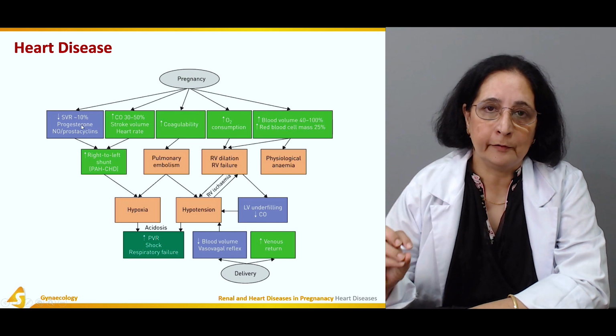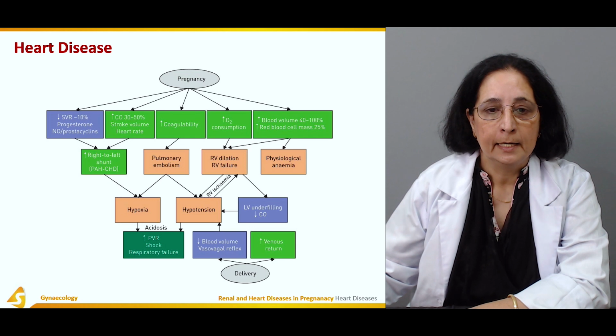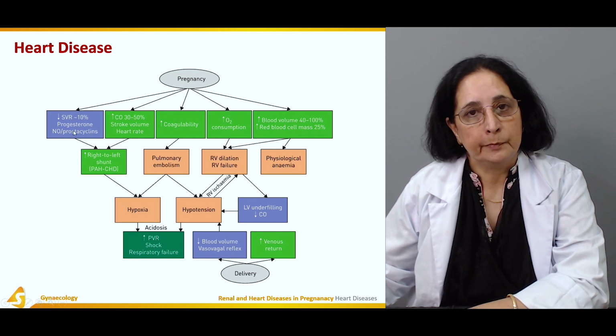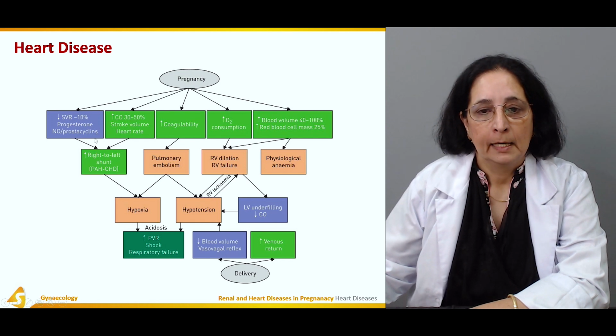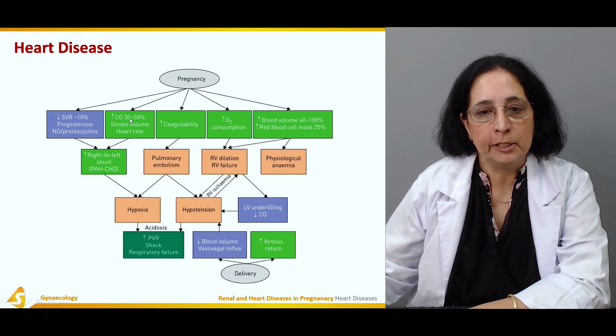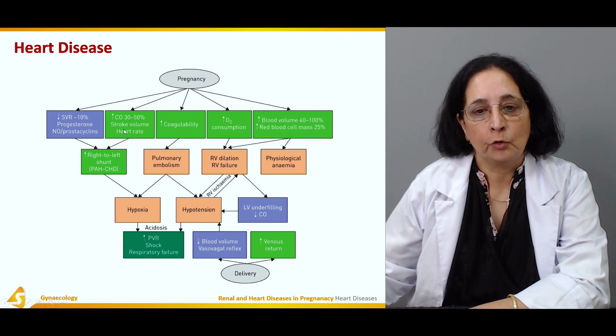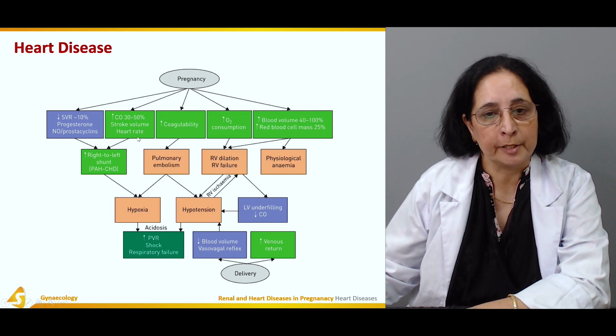Vascular resistance is decreased during pregnancy by 10%. There is progesterone and prostacyclins. Increased cardiac output by 30 to 50%, and stroke volume and heart rate are also increased.